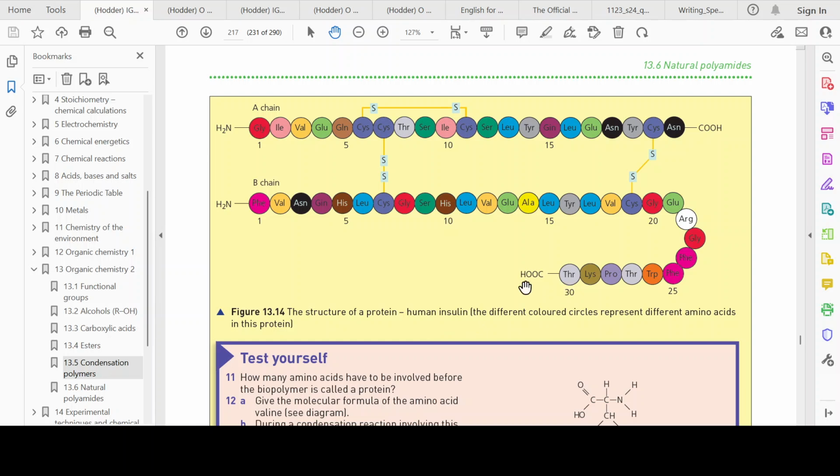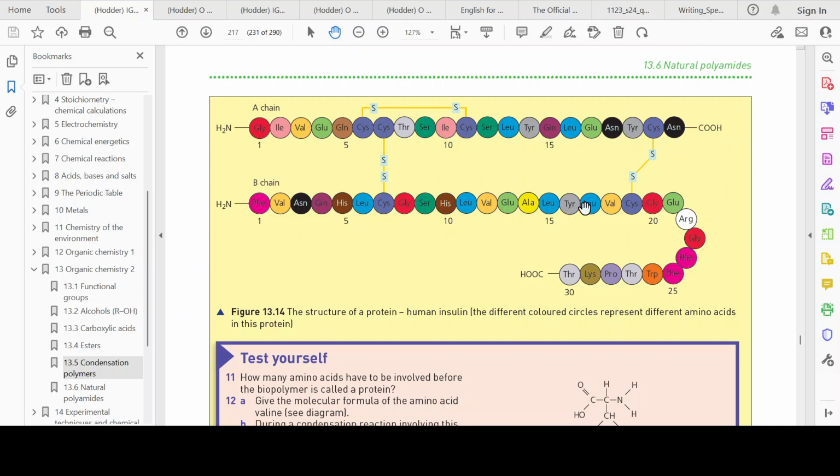How many amino acids do they have? You've got 30 over here, and then 15 more, so that makes 45, 46, 47, 48, 49, 50, and 51. So you've got 51 amino acids making up this protein.